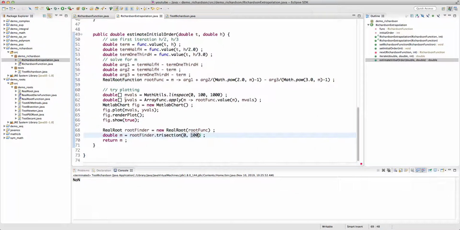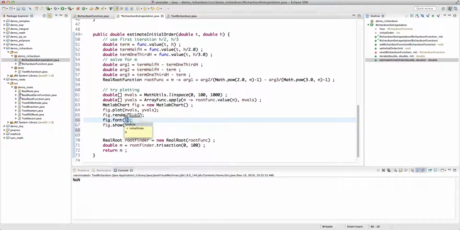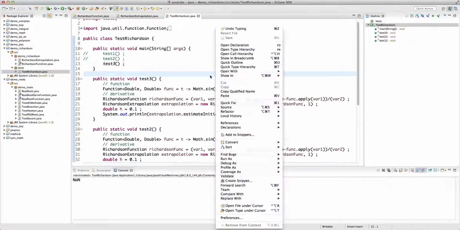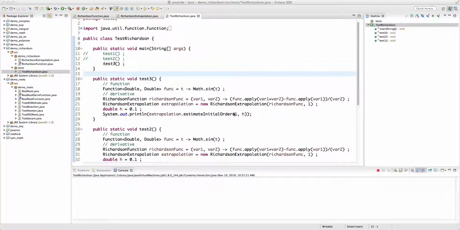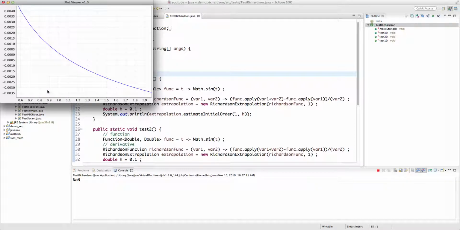Okay, I'm going to also set, after I render it, the font size to 13 just to make it easier. So let's run the test. Okay, so bisection cannot find it. Again, it's a little bit strange why it's not able to find this root.